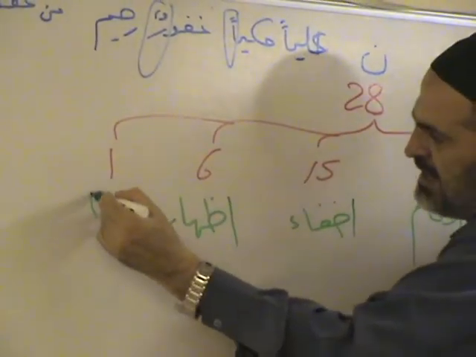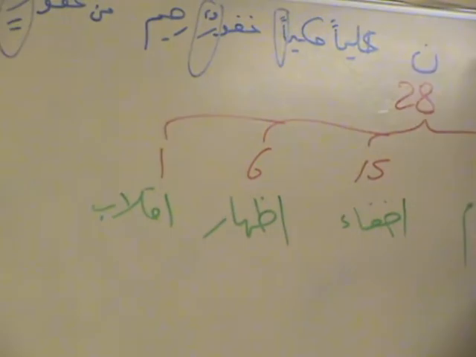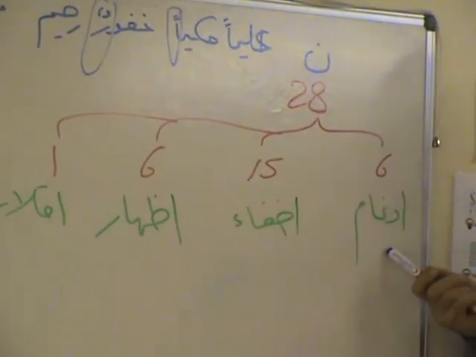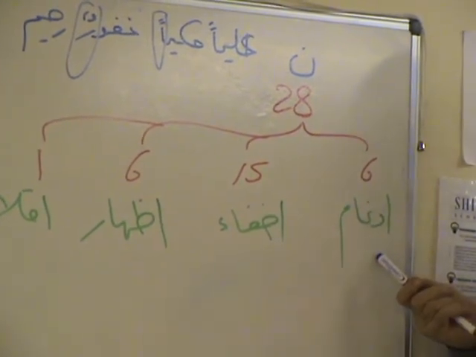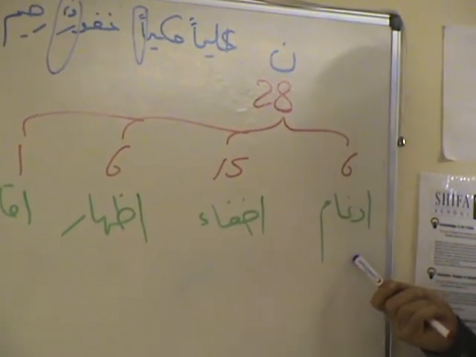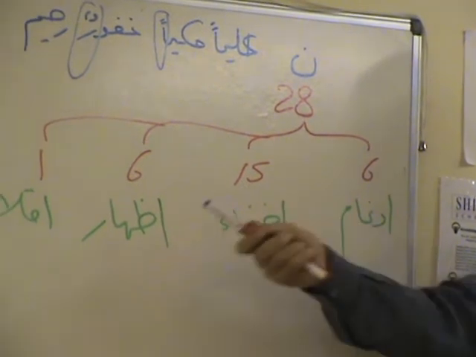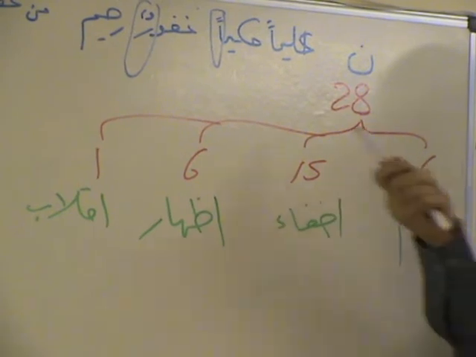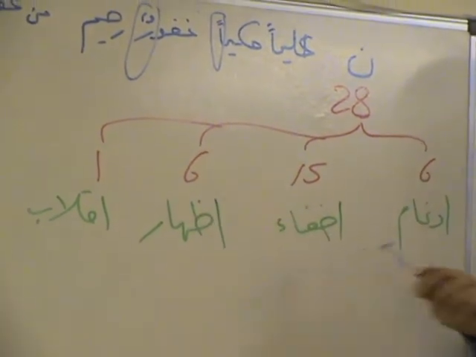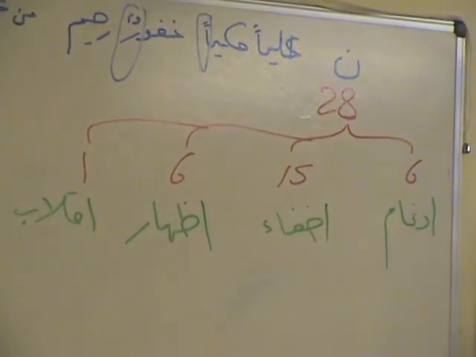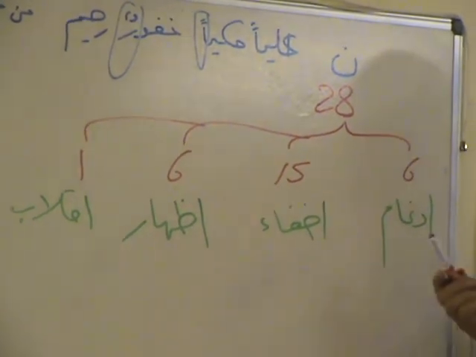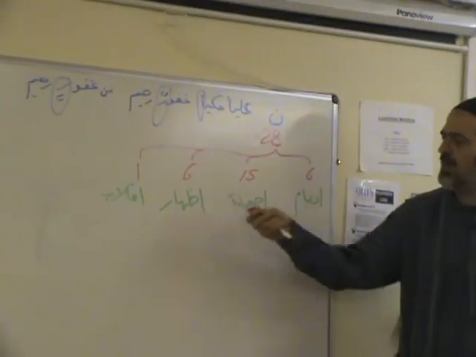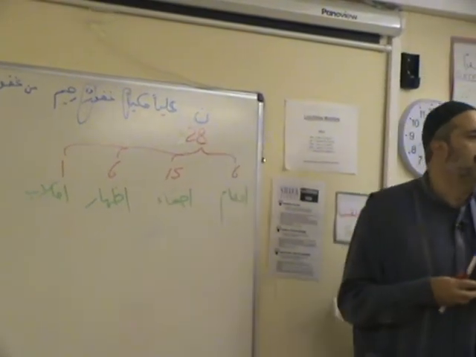We'll speak about iqlab later on. These are the four rules that we have for noon sakina or tanween. Either it's going to be gone completely, or changed completely to the next harf, or pronounced as it is. In the middle, we have a step between being gone completely and the complete izhar.